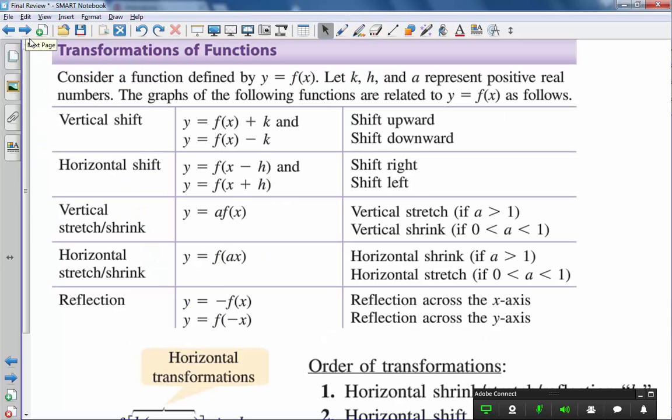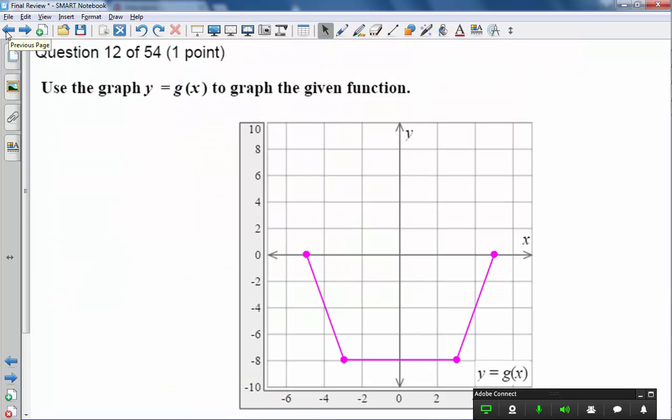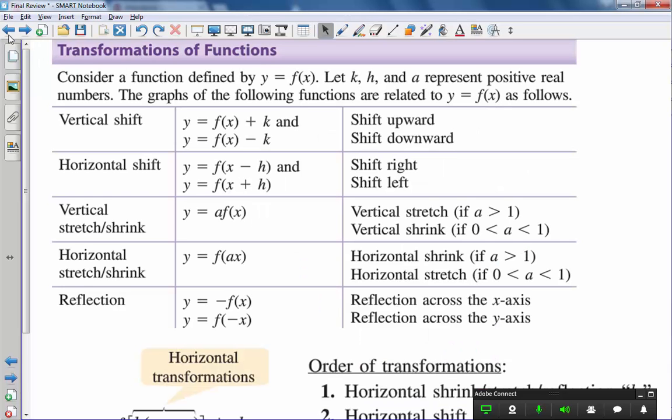Alright, we are starting 2.6, going back to 2.6, and do some transformations. So I want you to first, before doing those questions, review our transformation cheat sheet. Okay? Like, there is a parent function or main function, and somebody added a number to it.